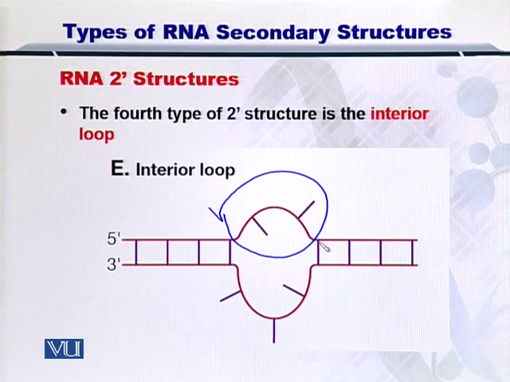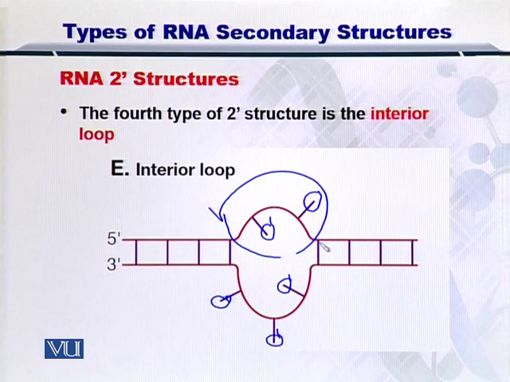However, the necessary condition for the bulge was that the other side of the RNA was bonded without any nucleotides that were unmatched. But in this case, as you can see, some of the nucleotides are actually unpaired here as well. So this is called an interior loop.